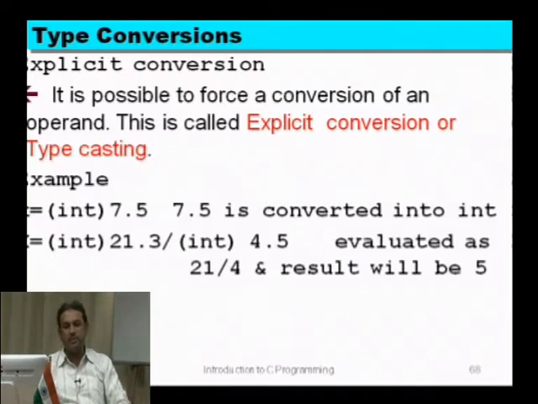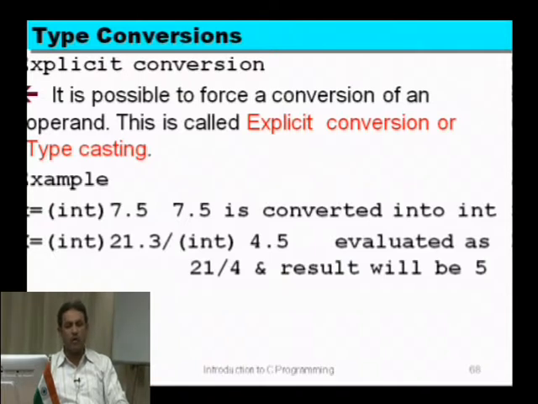Next, similarly, integer 21.3 divided by integer 4.5. Here we are converting 21.3 into type integer and 4.5 into integer. So we are evaluating it as 21 divided by 4 rather than 21.3 divided by 4.5, and you will get the result as 5.